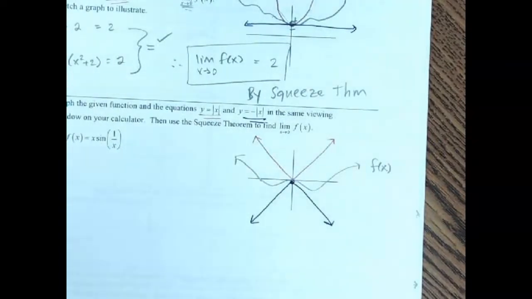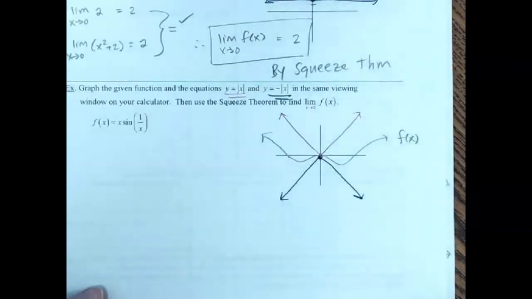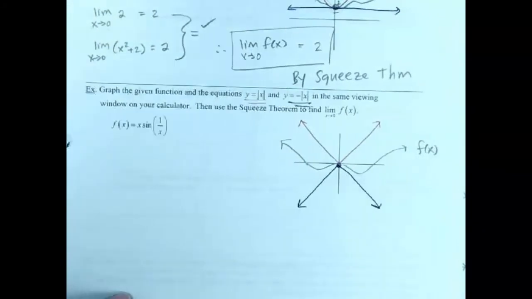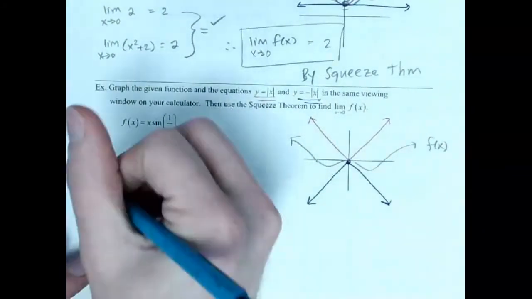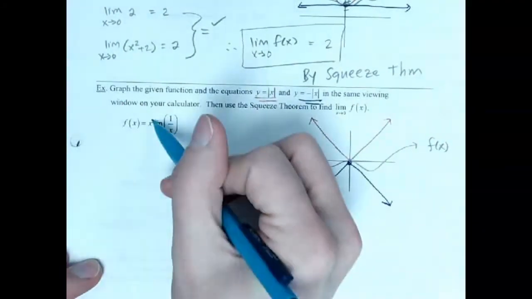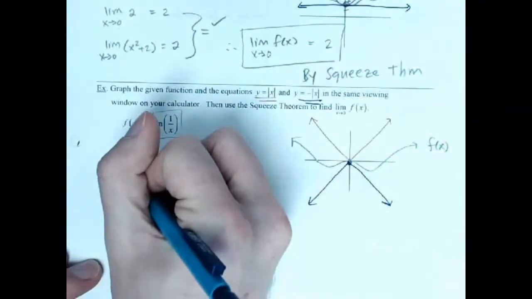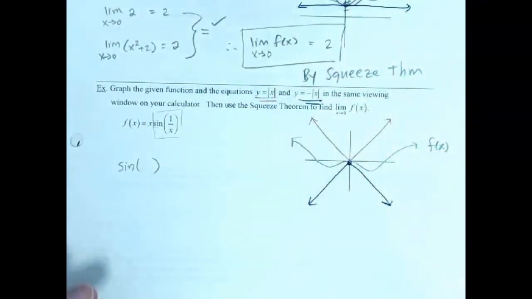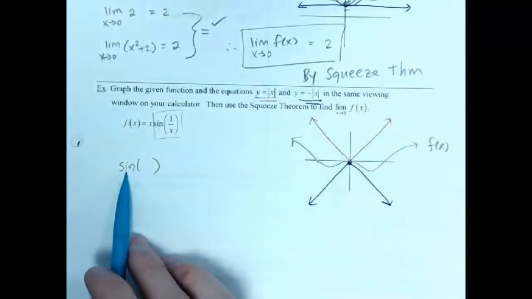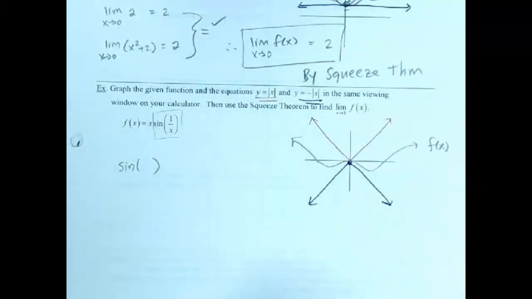So let us think about something, right? This is a little bit weird and a little bit conceptual, but try to follow. This function, we're going to break it down. Focus on this part first. If you have sine of something, sine of stuff, the 1 over x inside doesn't matter. The sine function is a naturally bounded function.